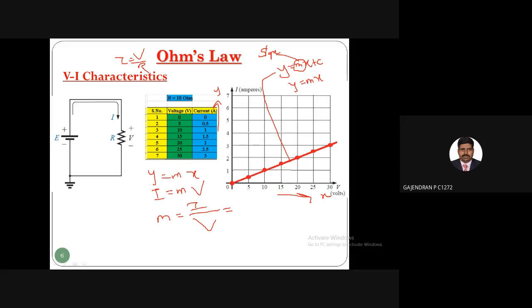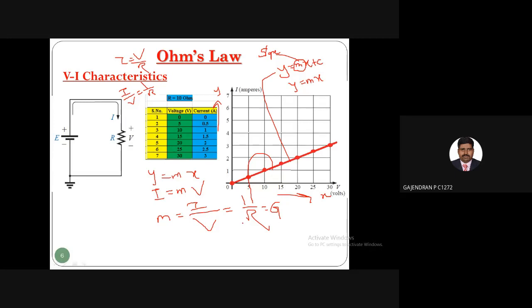Therefore what am I going to do? This R has to come here, this I has to come here, so take the reciprocal. Otherwise, can I just bring this V down? If I bring it down, I by V is equal to 1 by R. The slope of the line is nothing but 1 by R, that is nothing but conductance. Am I clear?